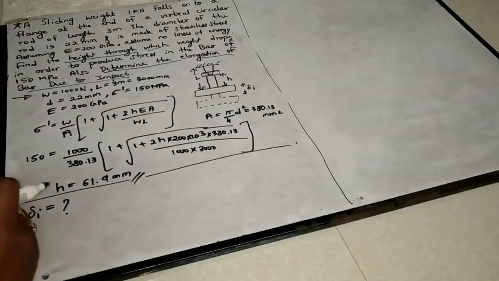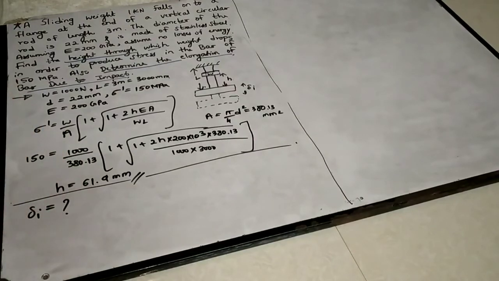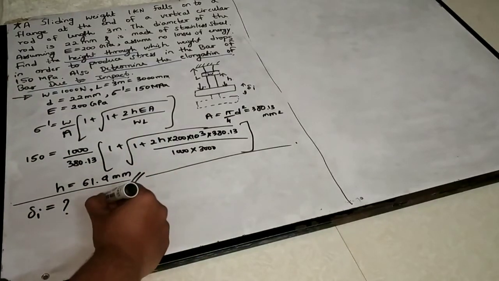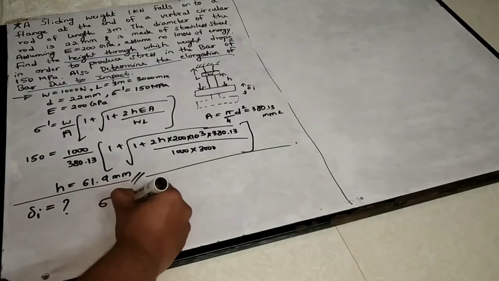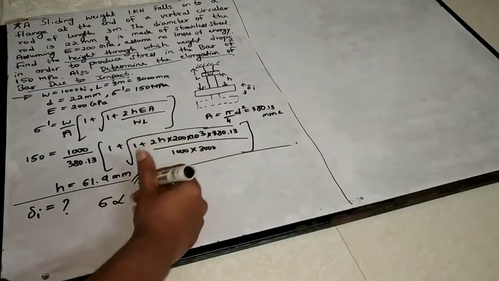Now first, I already showed you while deriving this equation, but still I will write a few steps. So see here, first of all, the stress is directly proportional to strain, right?